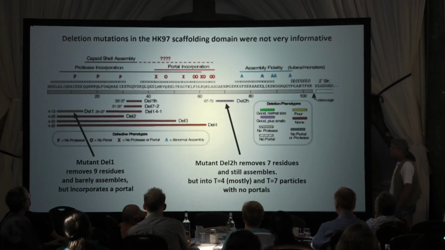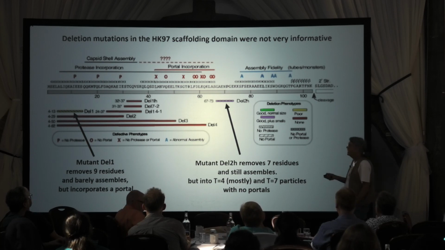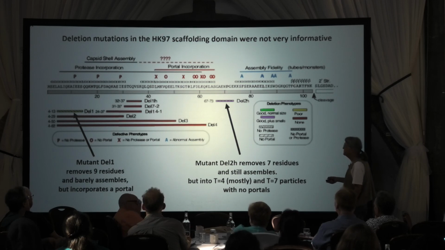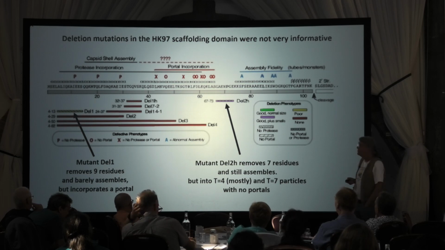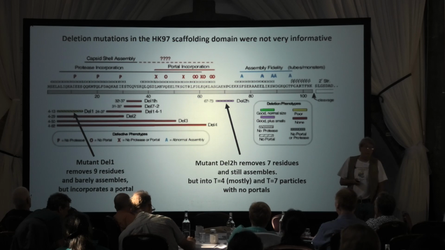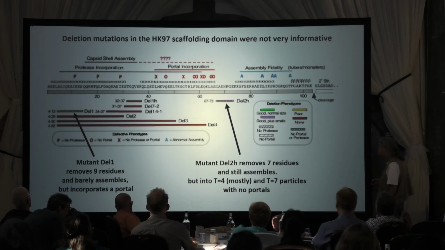So Bonnie made deletions in the N-terminus, and most of them were absolutely uninformative and boring. That is, most of them just made absolutely nothing. There was one mutation of about, I think, 11 amino acids near the N-terminus, and it still assembled, although rather poorly. And it also incorporated portals, and most of the particles that we saw appeared to have portals. Deletions in the middle were all dead.